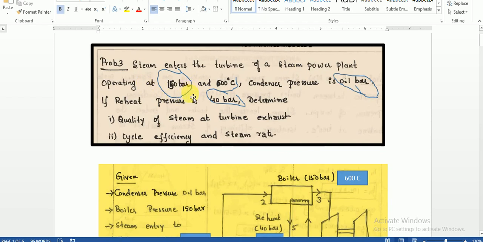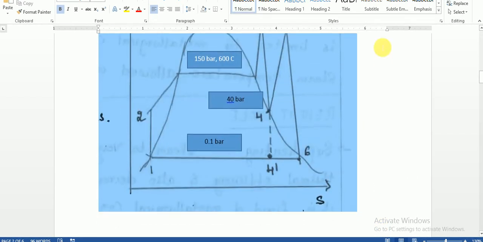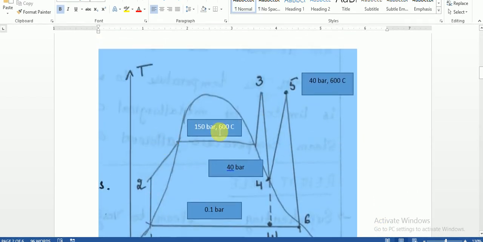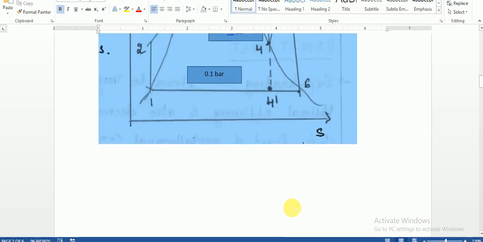The problem will not give it, but we have to understand by ourselves that the reheat pressure is 40 bar. Then it is reheated at 40 bar. Reheat means obviously it will be at 600 degrees Celsius. Then it is again expanded to 0.1 bar. So the diagram will be: 150 bar 600 degrees Celsius to 40 bar, then reheated at 40 bar to 600 degrees Celsius, then expanded to 0.1 bar.